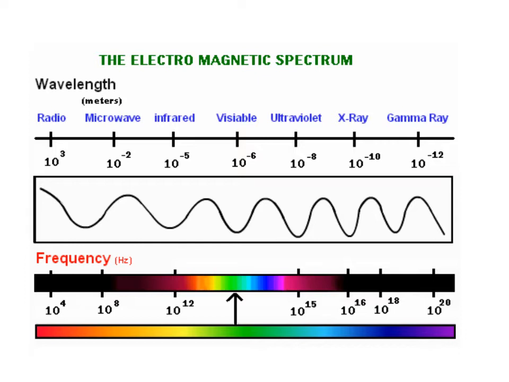You can clearly see the wavelength of the gamma ray is very low, 10 raised to the power minus 12 meter, and the wavelength of the radio waves is 10 raised to the power 3 meter, is very high. You know that wavelength is inversely proportional to the frequency. So the frequency of gamma ray is very high, 10 raised to the power 20 hertz, and the frequency of radio waves is 10 raised to the power 4 hertz. Okay?